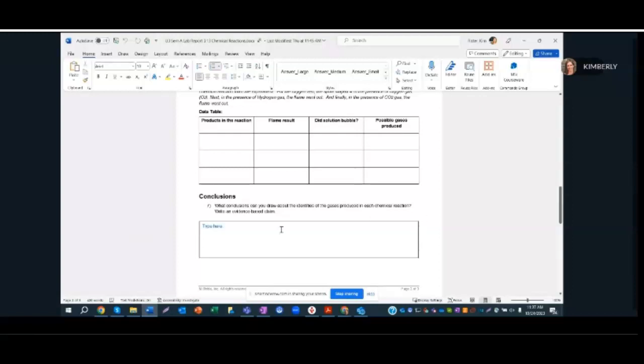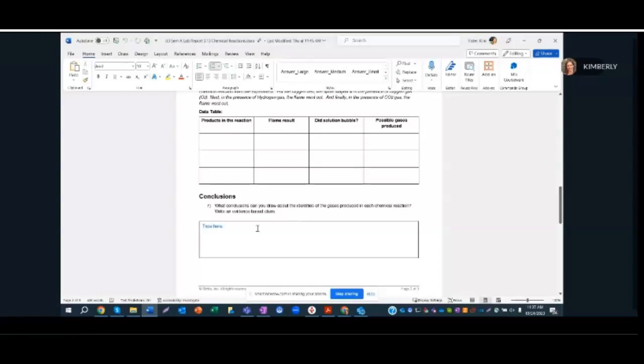All right, so we're able to pull the data here, possible gases produced, and write in our reactions. You can identify with vinegar specifically what you used and what gas was produced. Okay, so you're able to see and write out in the vinegar and baking soda reaction, I saw these gases and so on.